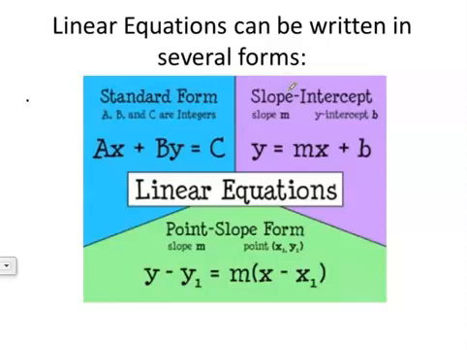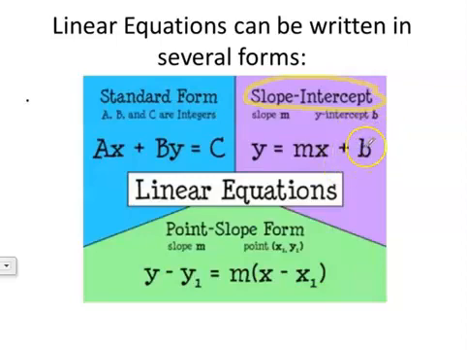Linear equations. We know linear equations are equations that when we graph them, we get a straight line. And we can write linear equations in several forms. You're probably most familiar with slope-intercept form. So let's review all the different forms. Slope-intercept form, y = mx + b, where m represents the slope and b represents the y-intercept, where the line will cross the y-axis.